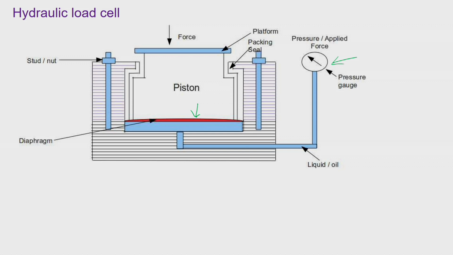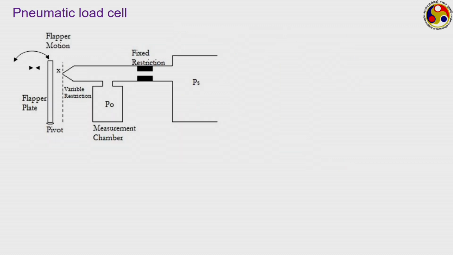Pressure gauges we shall be learning just in the next week only, but the application is very simple, because whatever force the upper plate is being subjected to will easily be transmitted to this lower diaphragm, and they are directly proportional to each other. So, we can get a direct measurement of the force that is acting on the diaphragm. Hydraulic load cells are very common in industrial applications and also in several common force measurement applications.